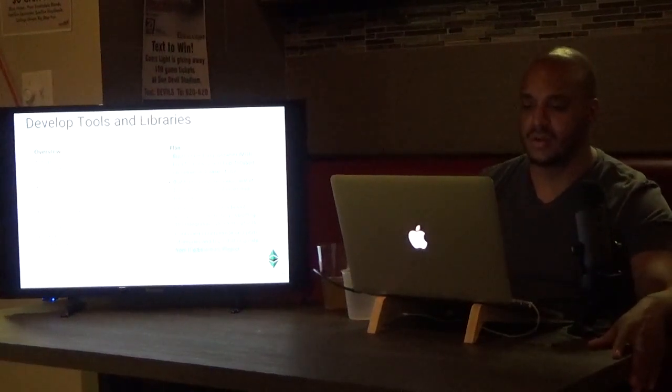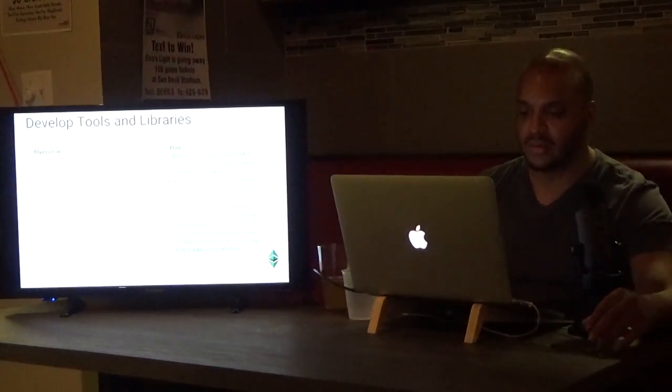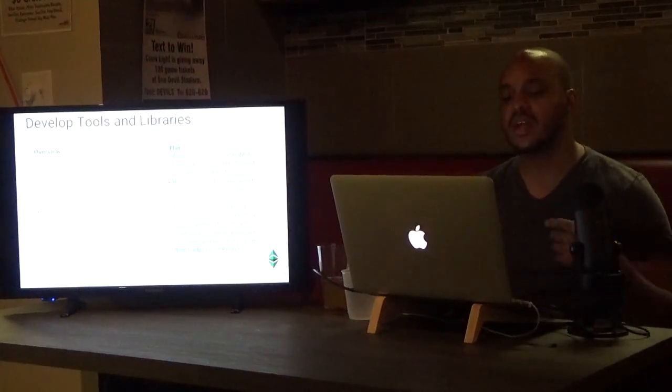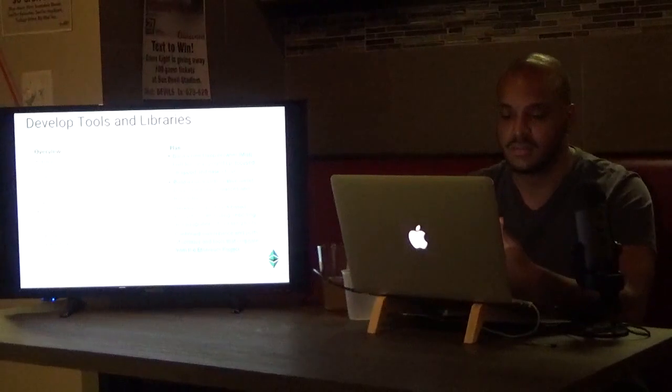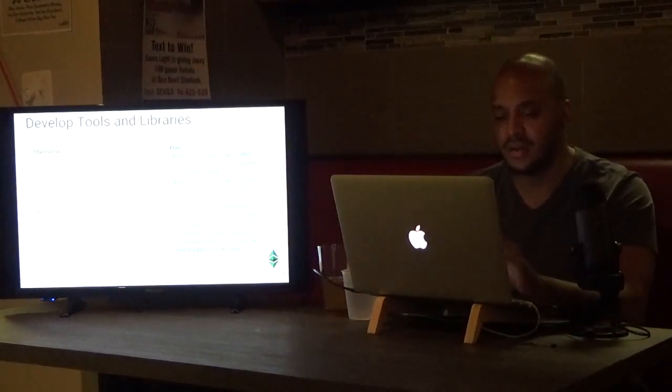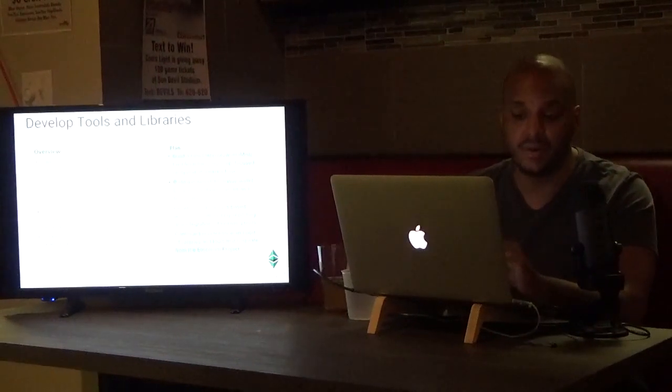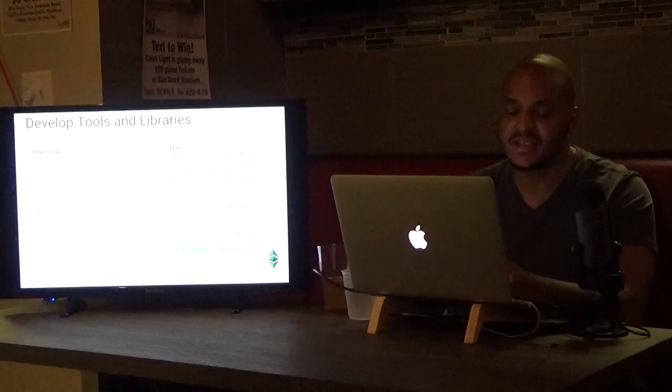So another thing the core developers are working on a daily basis is tools and libraries that promote and bring help to the Classic ecosystem. There's some front-end UI components that are pretty useful for building dApps, but they're licensed under either the GPL or the LGPL.